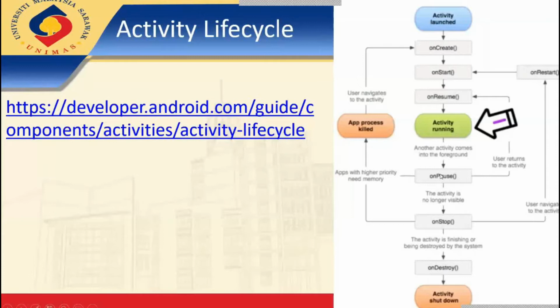Now again you have different options. Maybe you close the email app and come back to the WhatsApp app, then WhatsApp will be resumed, and after resume it becomes running again.